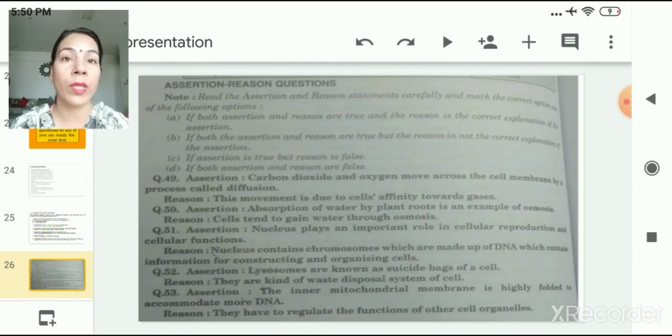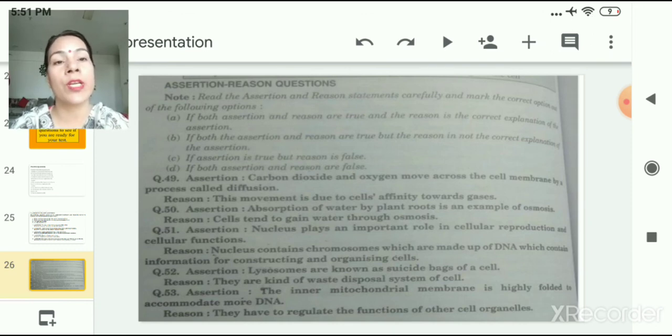So now you have to think about it, whether the reason which is given for this assertion is correct or not. Now the next question is, nucleus plays an important role in cellular reproduction and cellular function. And the reason for this statement is nucleus contains chromosomes which are made up of DNA, which contains information for constructing and organizing cells.